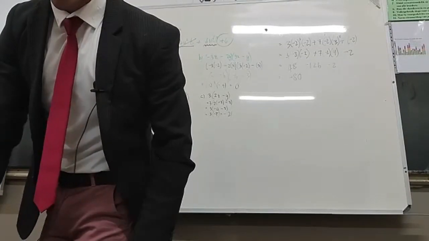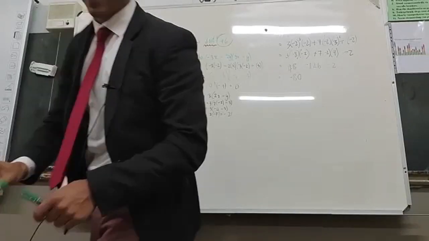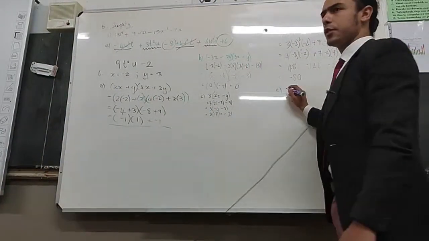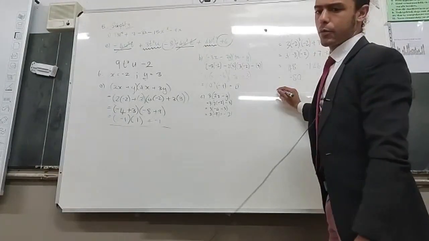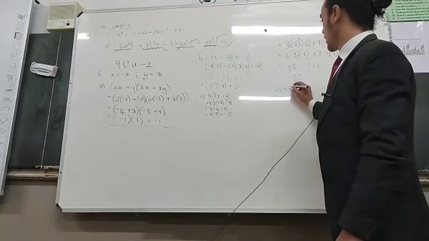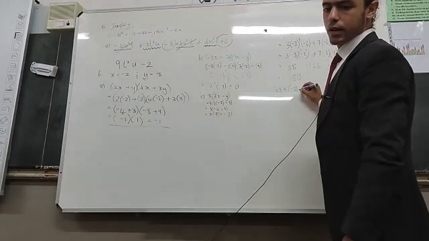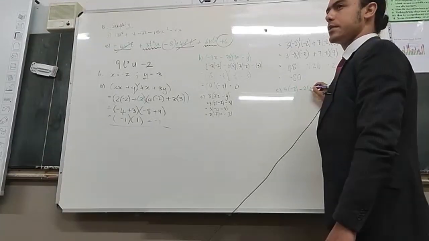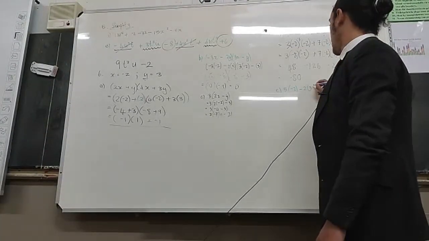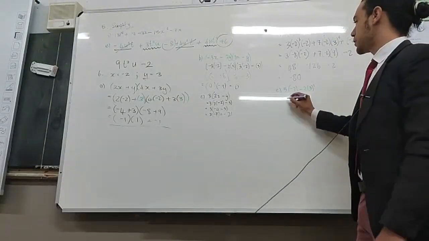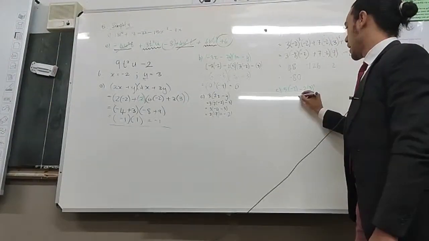Moving on now to question number E. Question number E, I'm going to do in green quickly. So question number E, we have 5 times negative 2 minus 2 times 3 squared. Alright, let's do that. So that's going to be negative 10 minus 2.